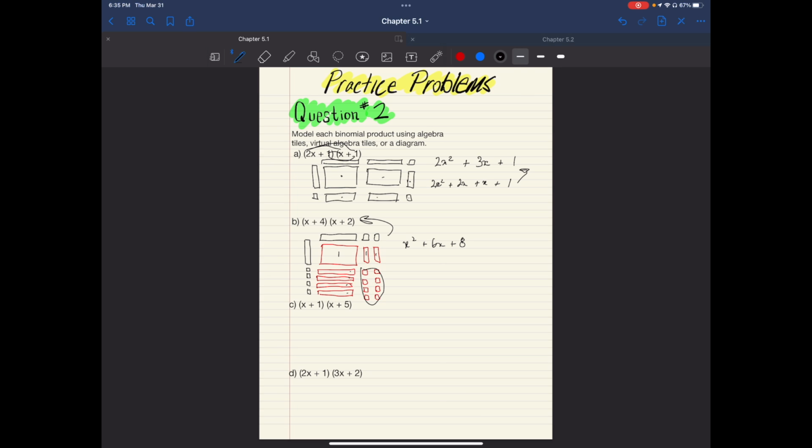Now, moving on to C. So we'll do x plus 1 here, x plus 1, and x plus 5 along the top. Now if we do the product, this is supposed to be a square, but my drawing's not the greatest.